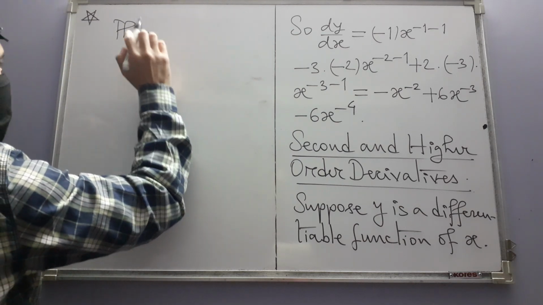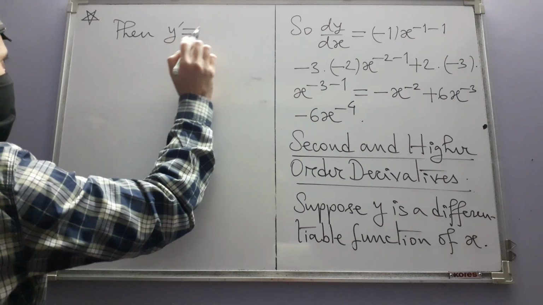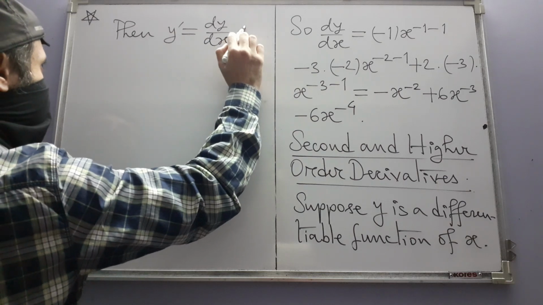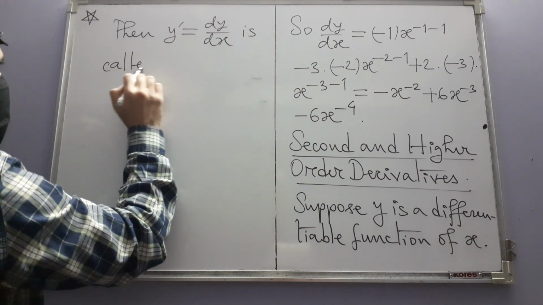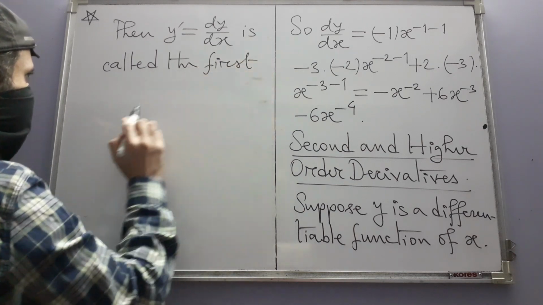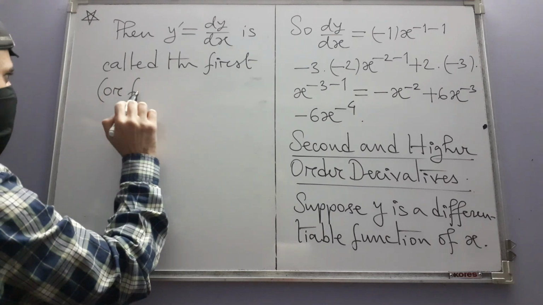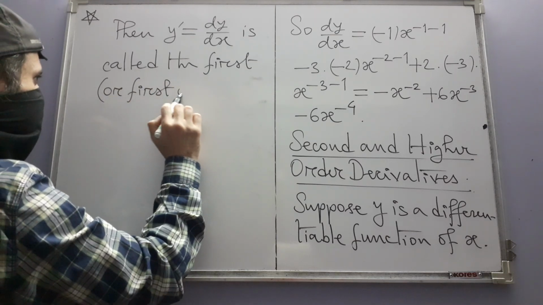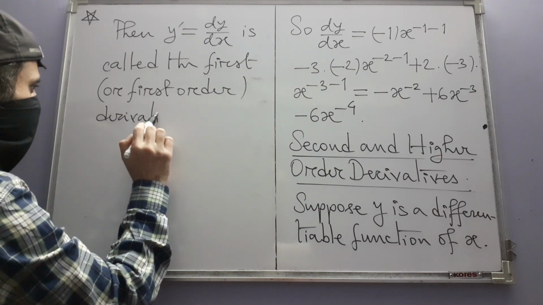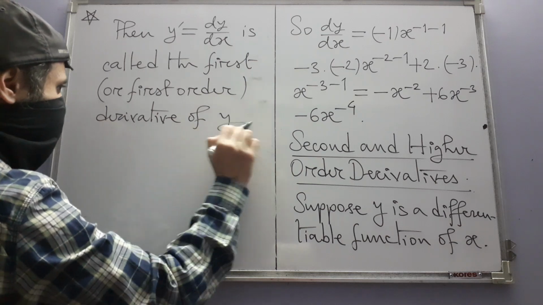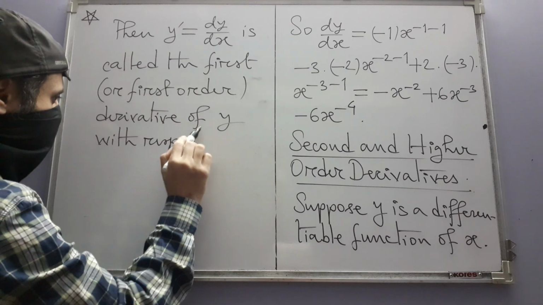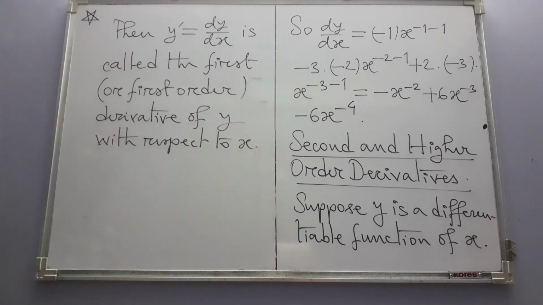Then y prime, it's the prime notation, or you can use this notation also, is called the first order derivative of y with respect to x.